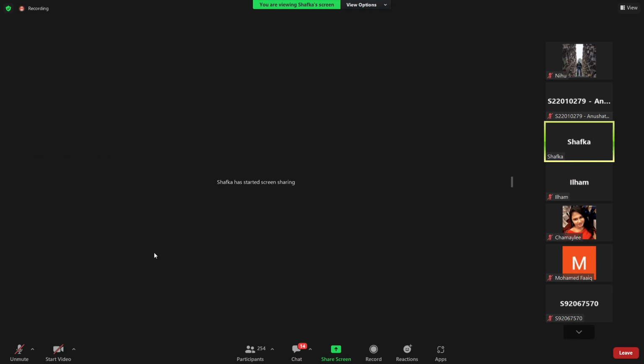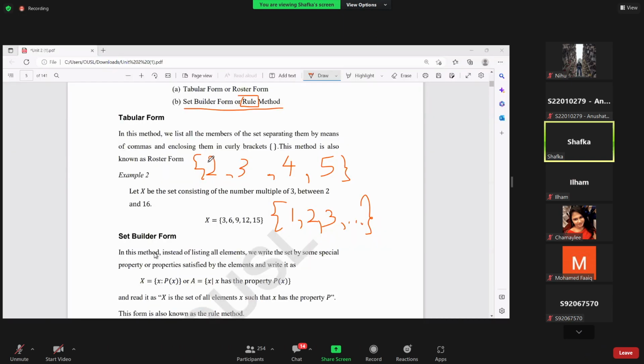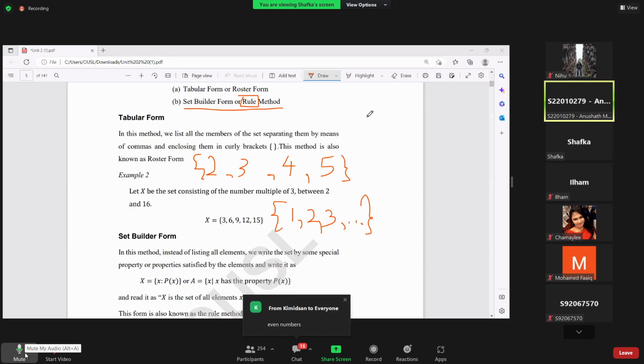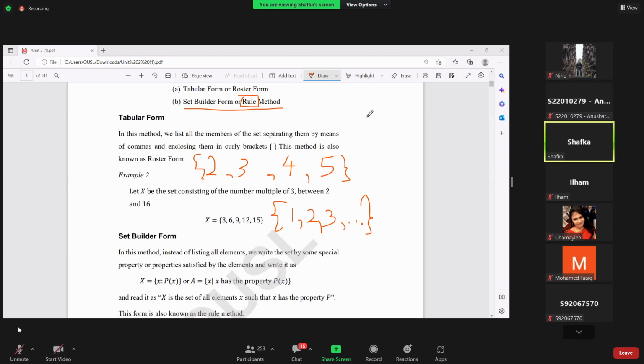Yes, some example for tabular form. Yeah, odd numbers, even numbers, correct, but is it the tabular form? For the tabular form, you have to represent the elements.